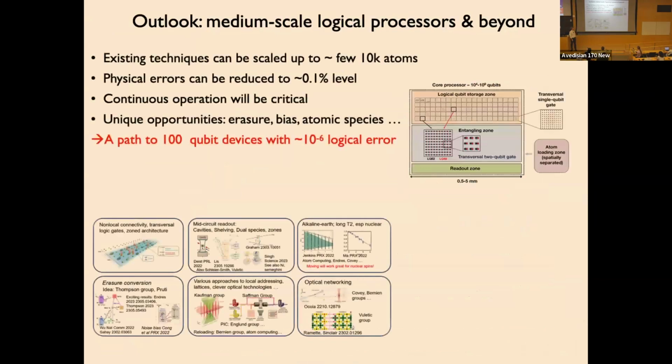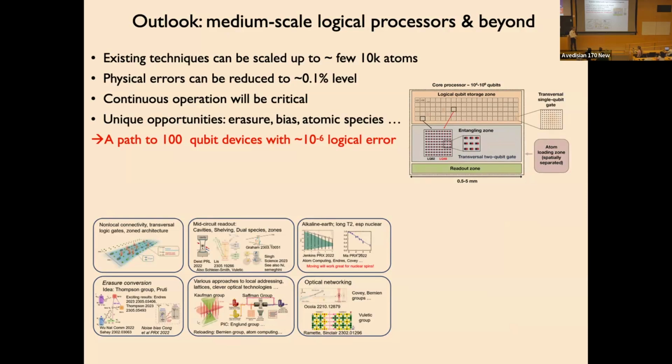On the technical side, these ideas which I introduced, in their current form, we believe should be able to scale directly to systems involving maybe tens of thousands of qubits. That creates a path towards devices with 100 logical qubits, maybe at one-per-million error rates.